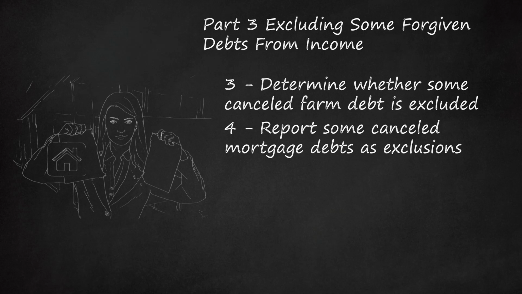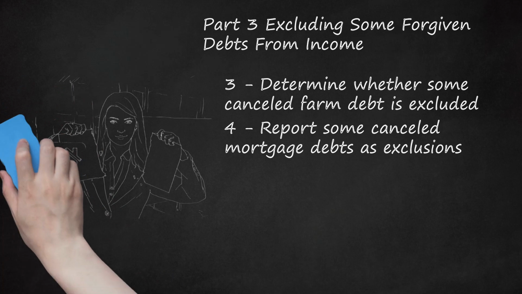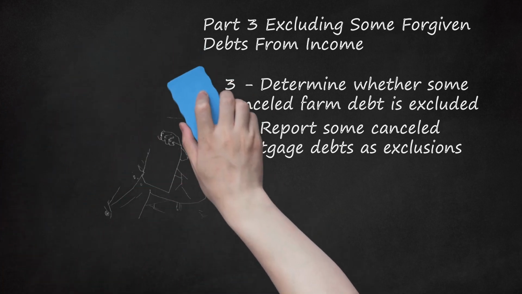You will need to get IRS Form 982 and check the box on line 1D if this was a business property. Check the box on line 1E if it was for your residence. Report the allowable amount of the canceled debt exclusion on line 2. Calculating the allowable exclusion in this category can be technical. You should speak with an accountant.